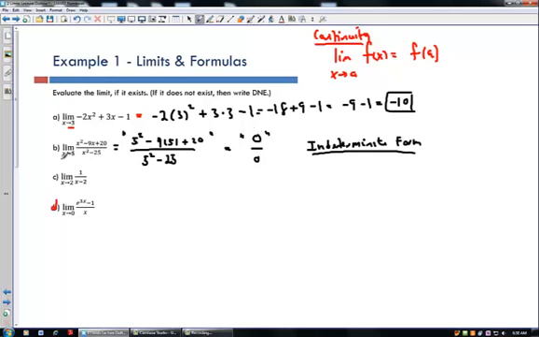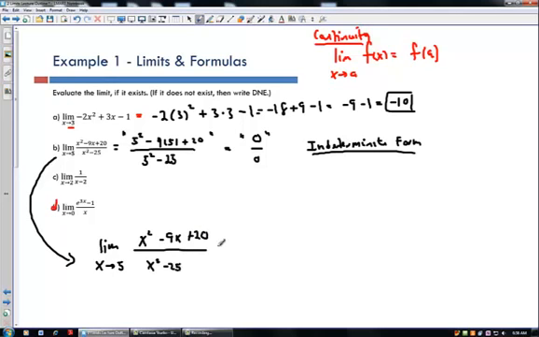And what we can do here, though, is some algebra. So I'm going to rewrite this down here. Limit as x goes to 5, x squared minus 9x plus 20, all over x squared minus 25. So we can do a little factoring here, top and bottom, and you're going to see things are going to cancel. Whenever I see a quadratic, I'm trained to factor it.